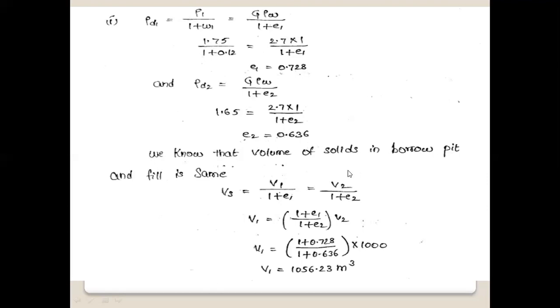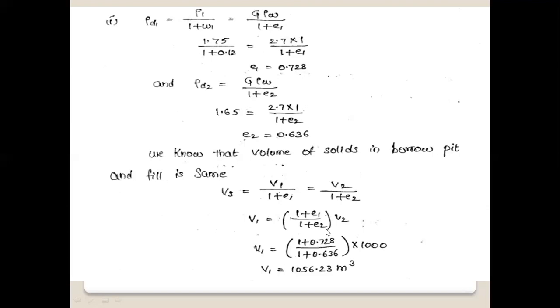We note that the volume of solids in the borrow pit and fill is the same. So Vs equal to V1 by 1 plus E1 equal to V2 by 1 plus E2. Then the volume in the borrow pit V1 equal to 1 plus E1 divided by 1 plus E2 into V2.